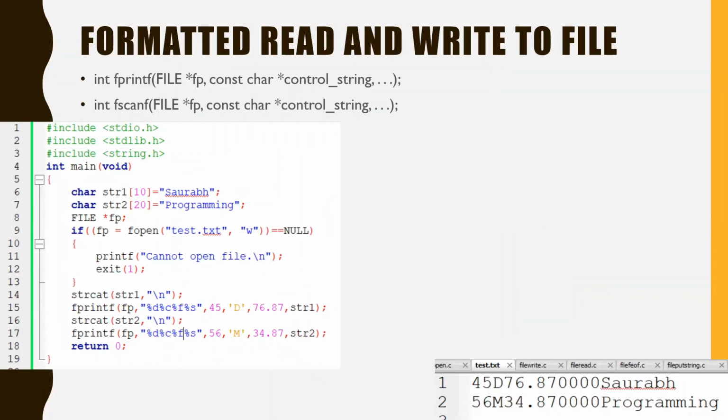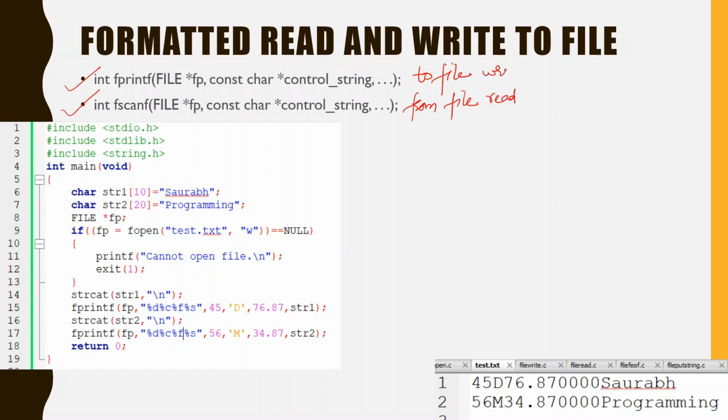Now we will see how to write the data and read the data in formatted input output. We have printf and scanf, and we have two functions here, fprintf and fscanf. fprintf is used to write to file, and fscanf is used to read from file.